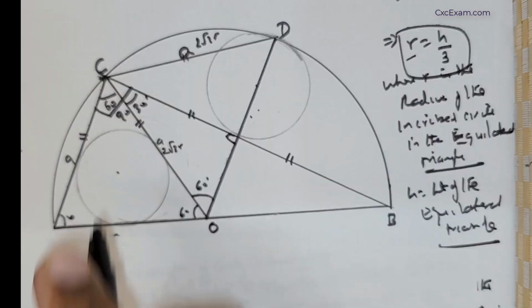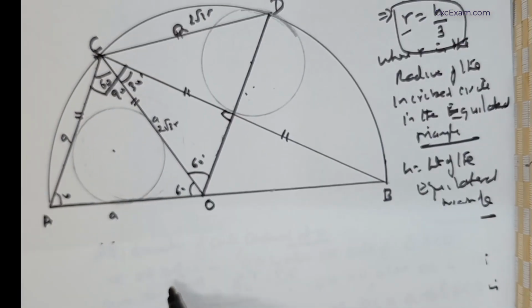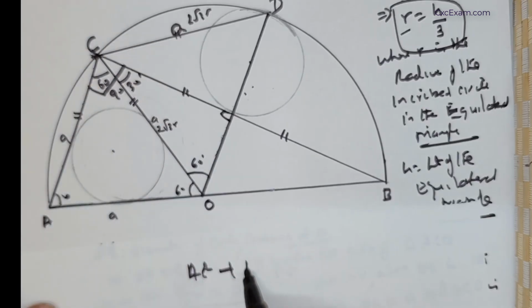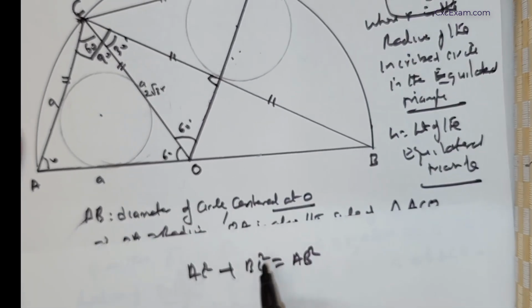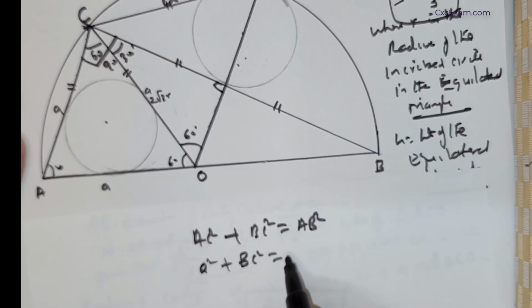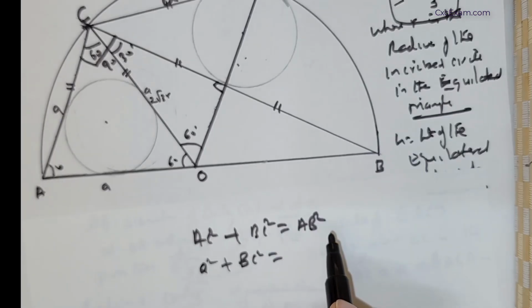So if we were to use the Pythagoras theorem, this will be AC squared plus BC squared is equal to AB squared, right? Now AC squared is A squared, and we have to get BC squared, which is equal to AB squared, right?